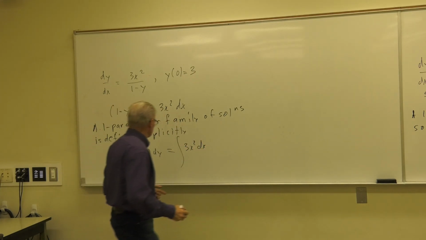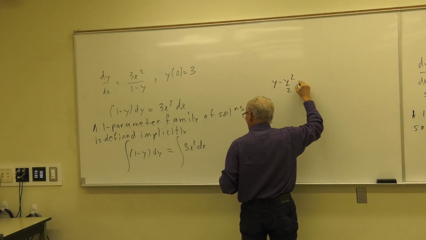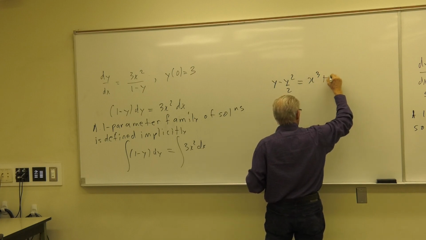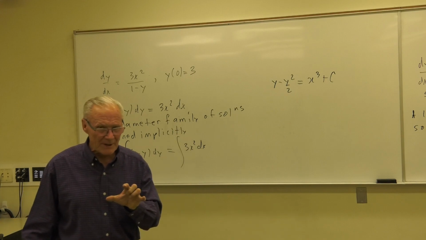And we can do the integration, they're simple enough. y minus y squared over 2 equals x cubed plus c. So I've got me a one-parameter family of solutions.